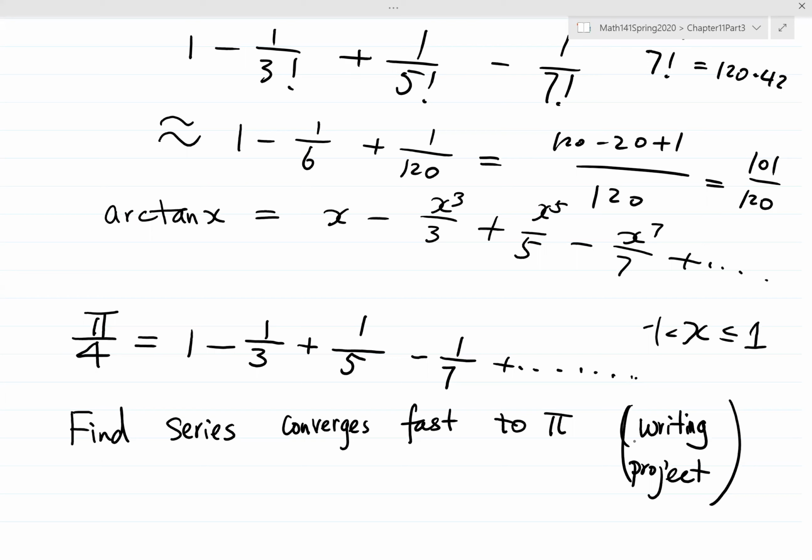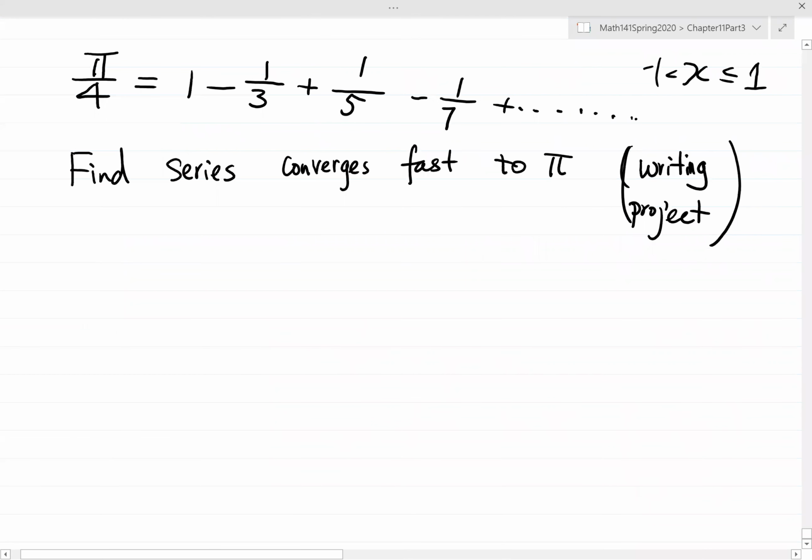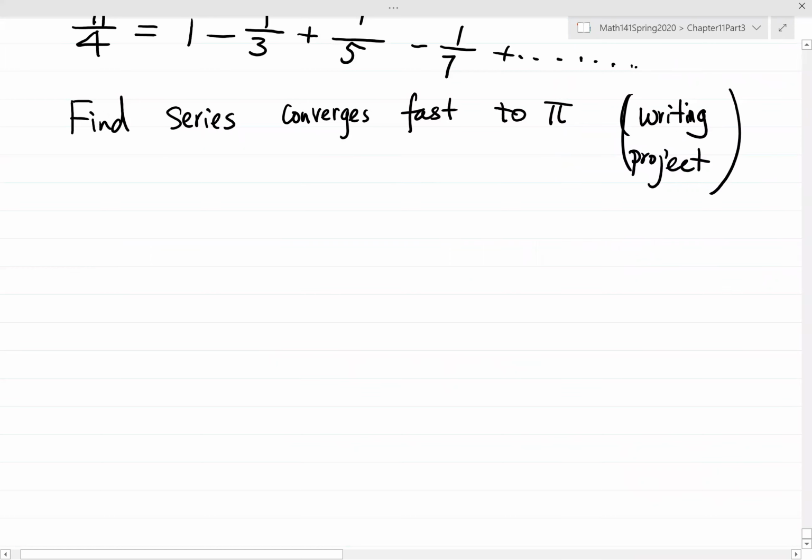Another thing that I want to mention is generating functions. I mentioned generating functions last time.